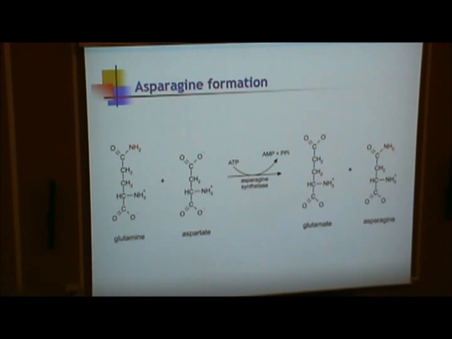Under the action of asparagine synthetase, with participation of ATP, which is converted into AMP and pyrophosphate, the amino group from glutamine is transferred to aspartate, producing asparagine. This is the pathway which synthesizes asparagine.